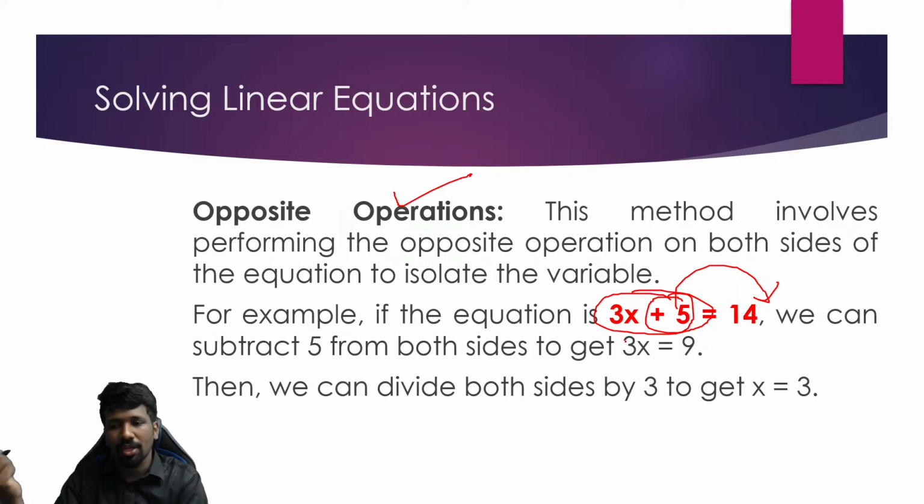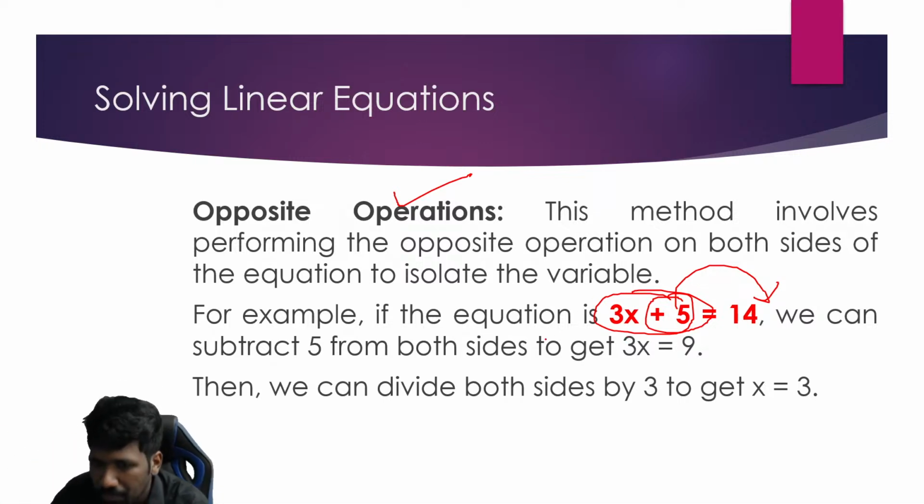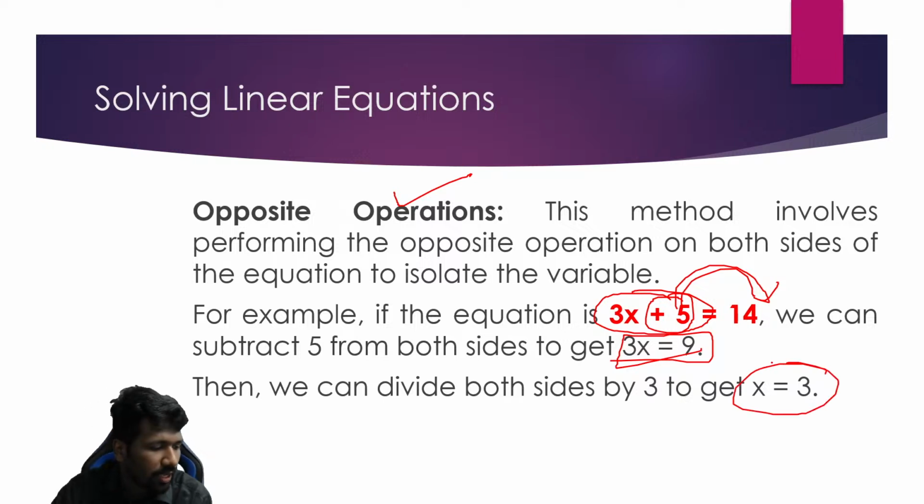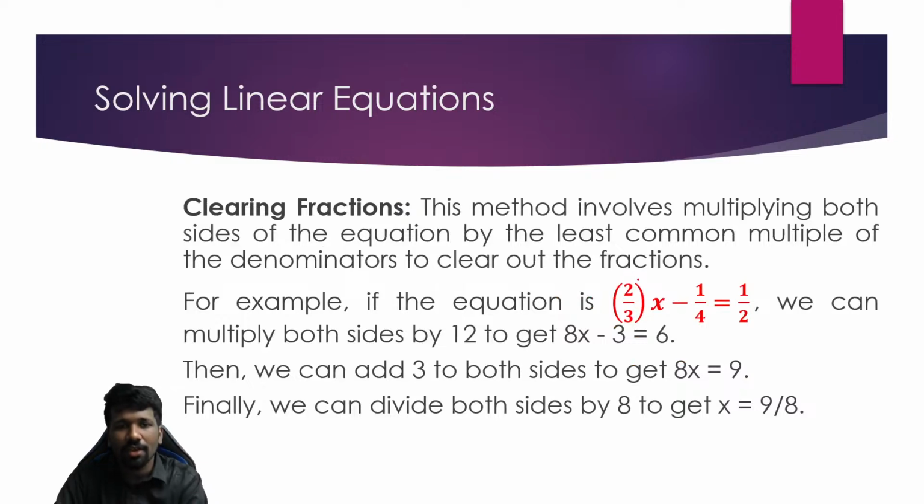Division will become multiplication and subtraction will become addition. So taking this 5 to the other side, 14 minus 5 is 9. So 3x equals 9 and x is equal to 3. I hope all of you are clear about this. No doubt, linear equation in one variable. In many questions, one variable itself is enough actually. But in some questions, linear equation in two variables is also needed. I will come to that.